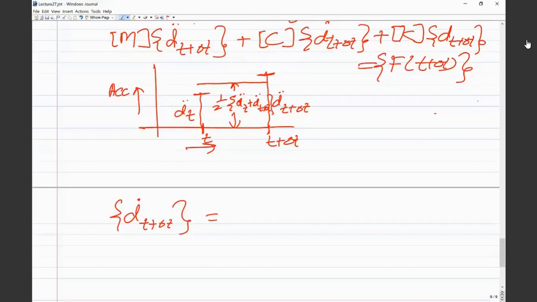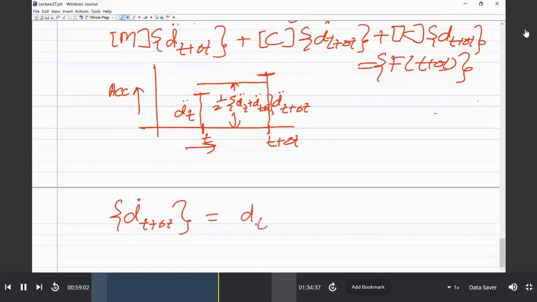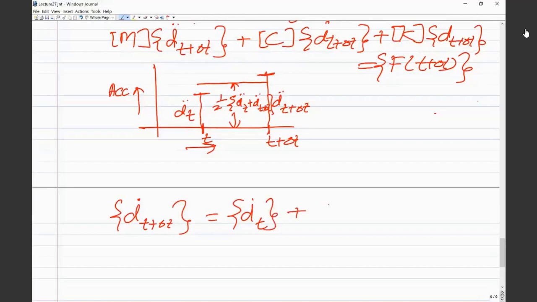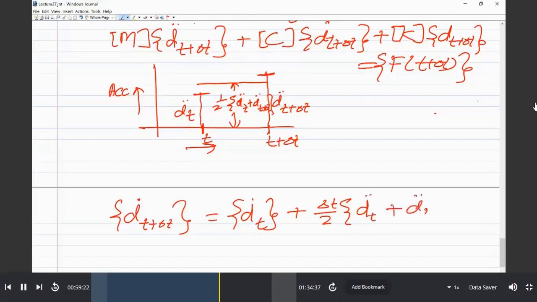We know the solution at t and want d dot at t plus delta t. The initial velocity is d dot at t, plus delta t into acceleration. The acceleration is the average acceleration, d double dot at t plus d double dot at t plus delta t, divided by 2, into delta t gives you the velocity.